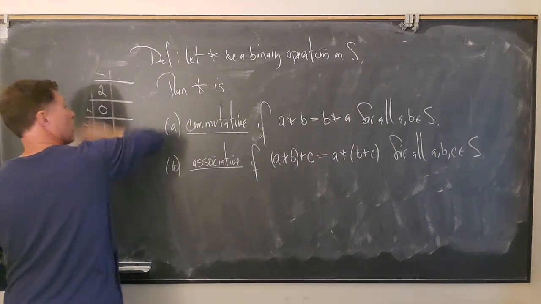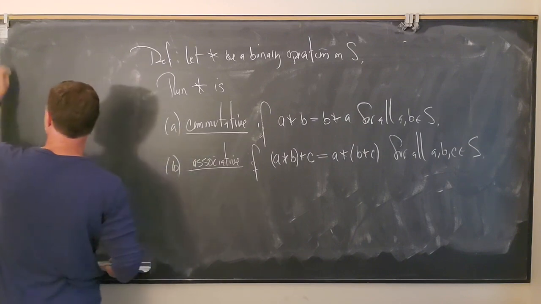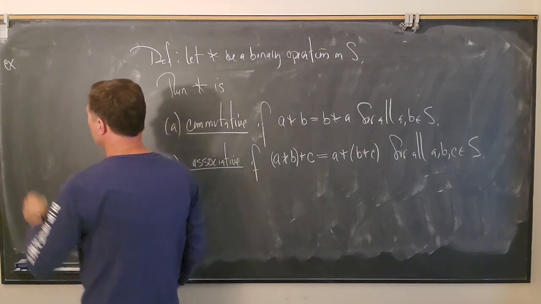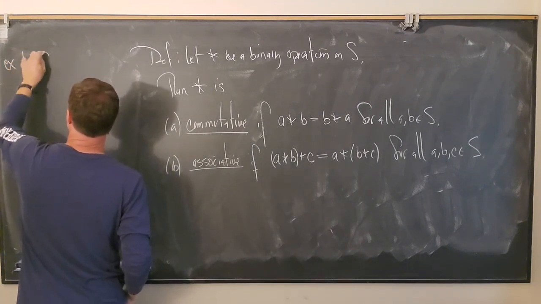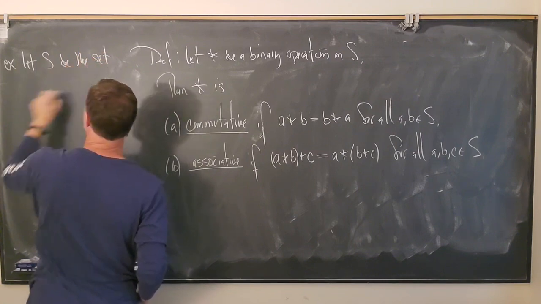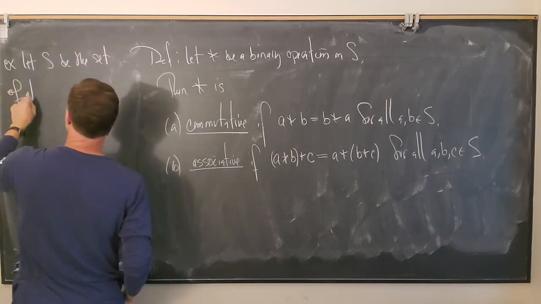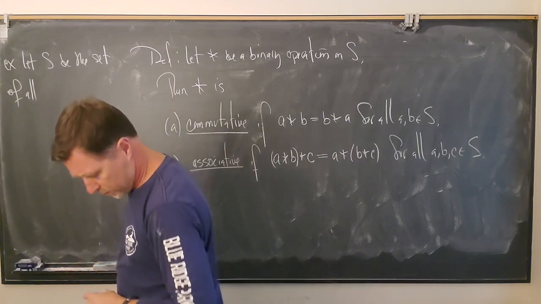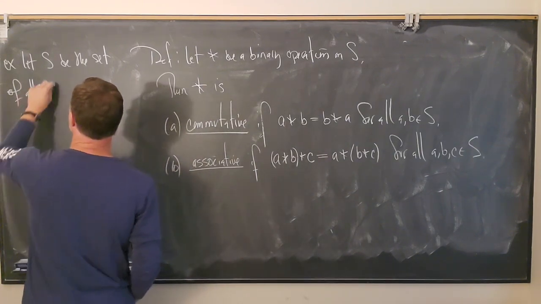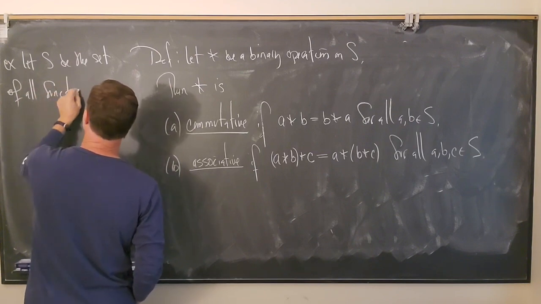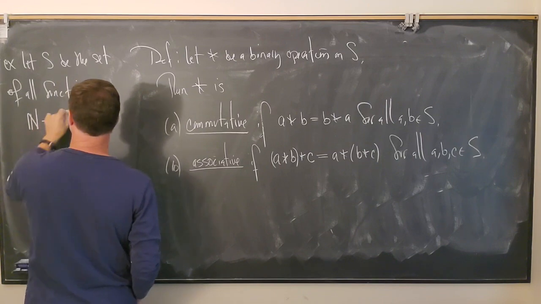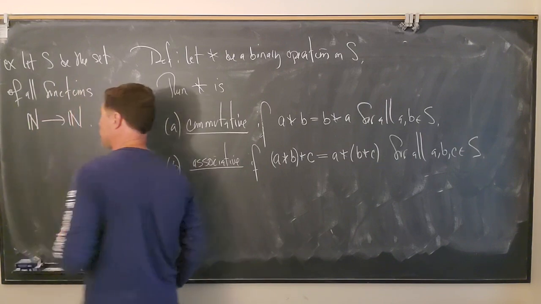So let's look at this example. Let S be the set of all functions whose domain and codomain are the natural numbers. So all functions that go from the natural numbers to the natural numbers.